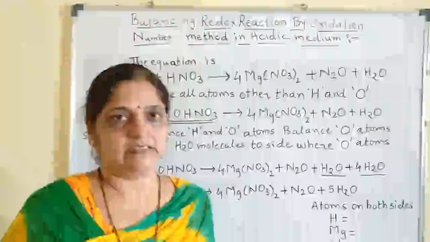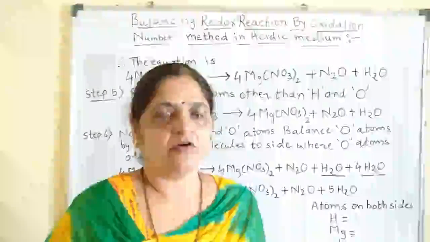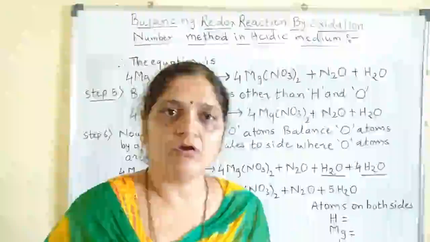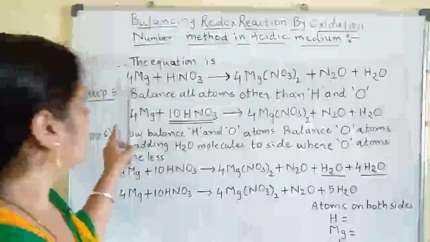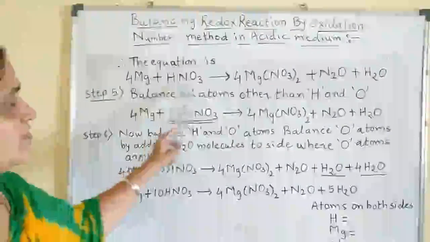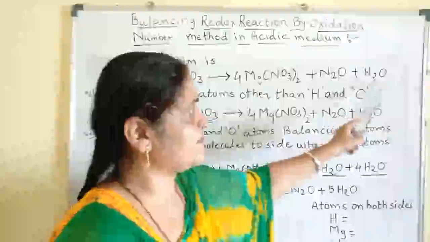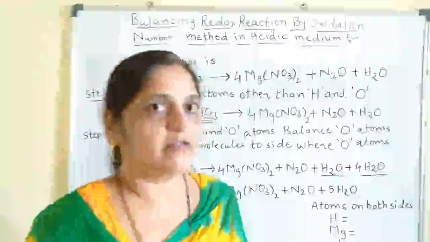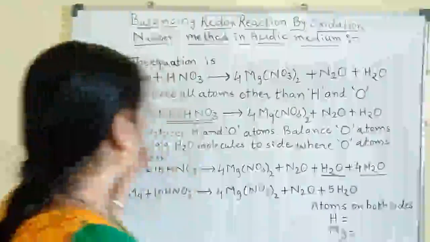Now students, after equalizing the oxidation and reduction reaction, or after equalizing the number of electrons lost and gained in the process, our equation becomes 4 Mg plus HNO3 gives 4 Mg(NO3)2 plus N2O plus H2O. We already have multiplied the increase in oxidation number by 4.